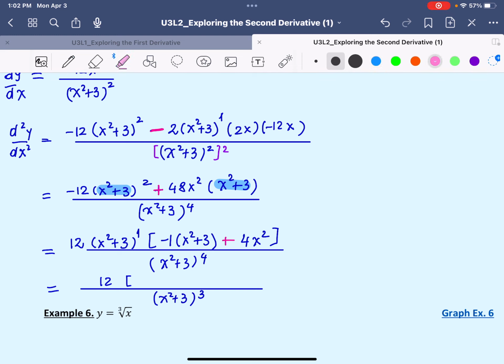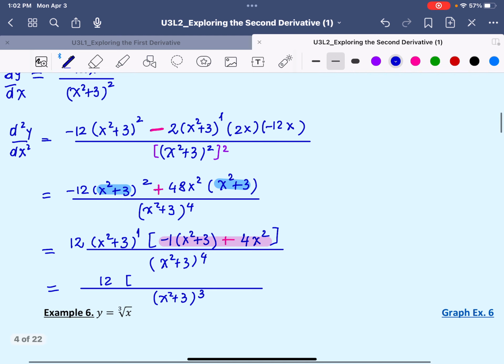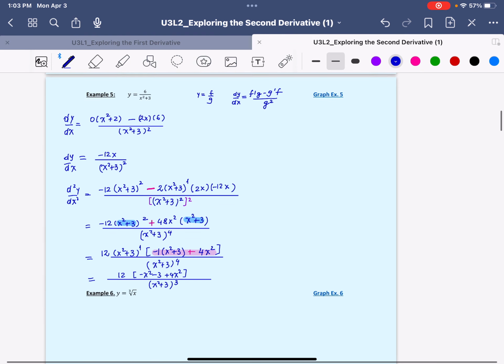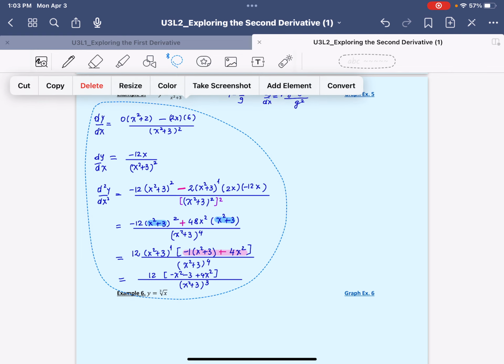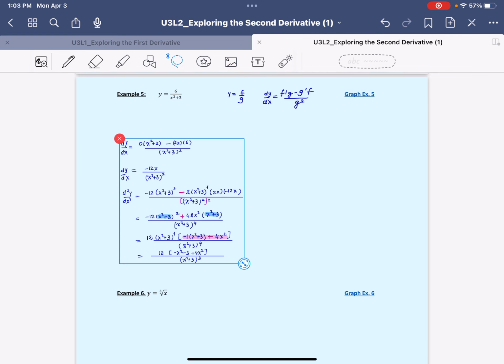So as you can see, inside the brackets, we have this wonderful expression. So negative x squared minus 3 and then plus 4x squared. It seems that there is more simplifying we can do here. So what I'm going to do is make this a tiny little bit smaller so we can organize our solution here.